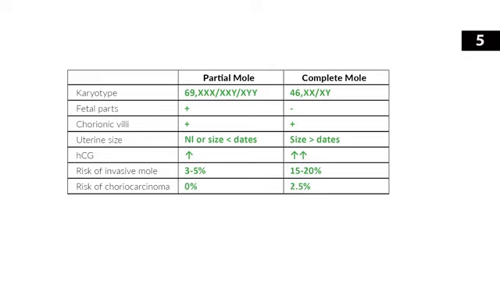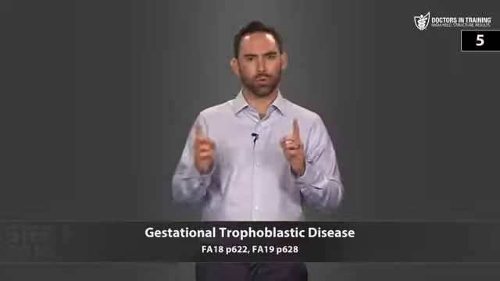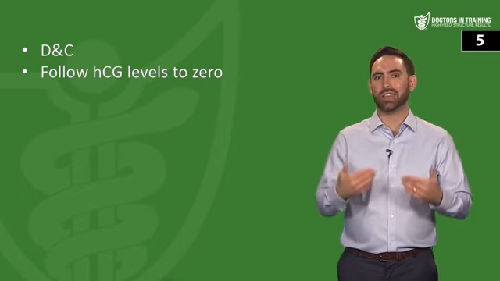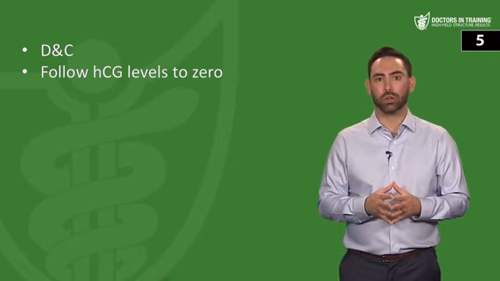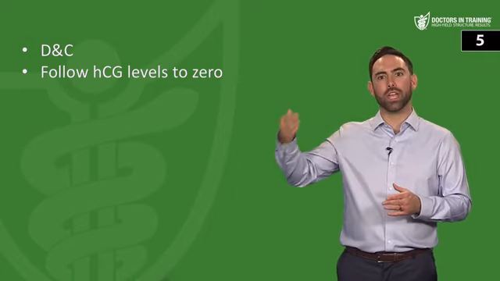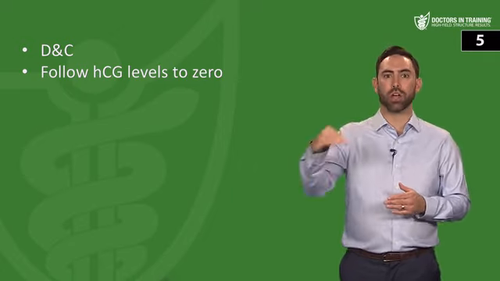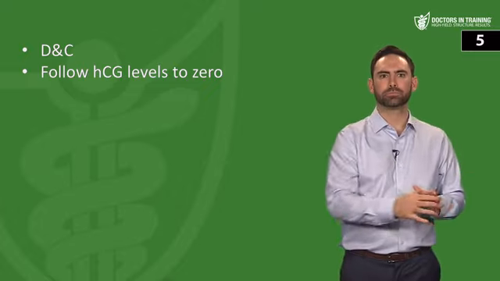And partial moles do not carry an increased risk of choriocarcinoma, but complete moles do, about 2.5% risk. So remember that complete moles are completely worse. The treatment for molar pregnancies is a D&C, dilation and curettage. Then we follow the HCG levels to make sure they go down to 0 and stay there.